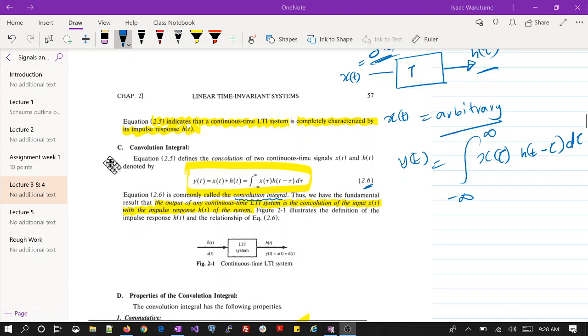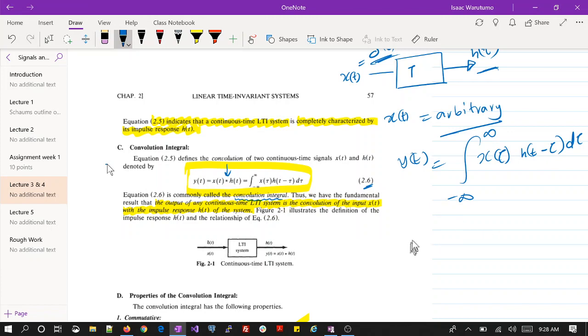So we talk about the convolution integral. Equation 2.5 that we have defined up there defines the convolution of two continuous time signals, x of t and h of t, denoted by y of t equals x of t, and the sign for convolution is right there, which is a star.